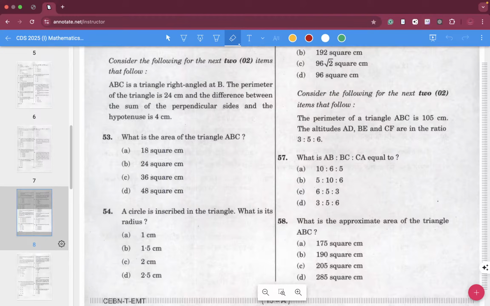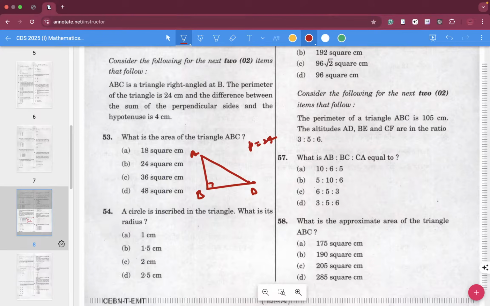ABC is a triangle right angled at B. If ABC is a triangle right angled at B, the perimeter is given as 24. If this is your triangle over here, they have given right angle at B, perimeter is equal to 24 over here.